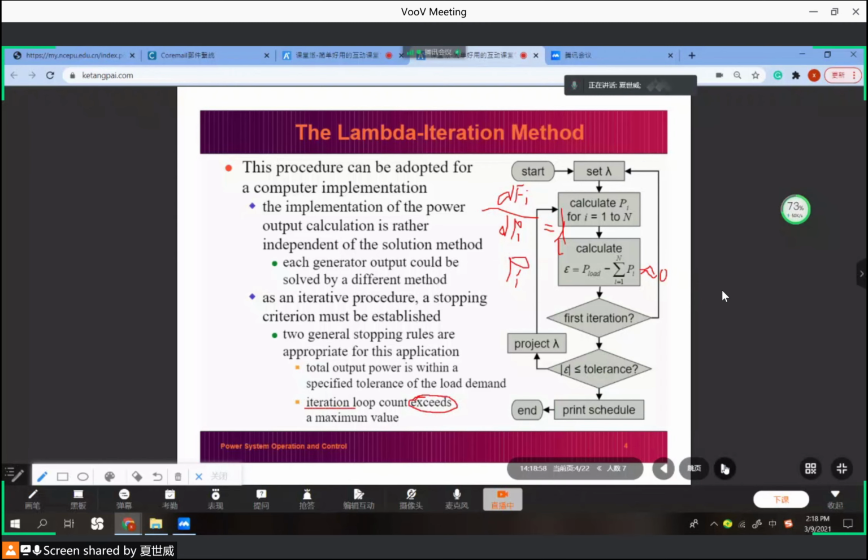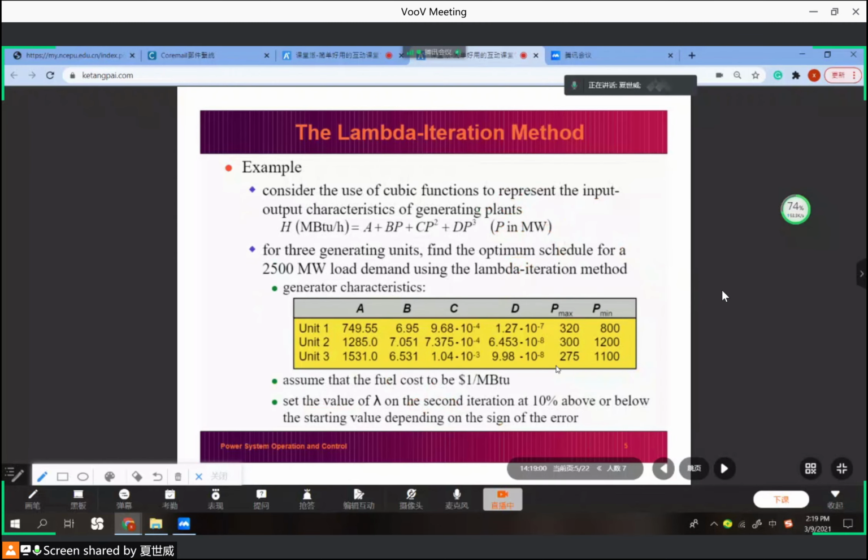Okay, let's see an example. Here we consider three generators to supply a load of 2500 megawatts. I will show how to use the lambda iteration method, just as I mentioned.